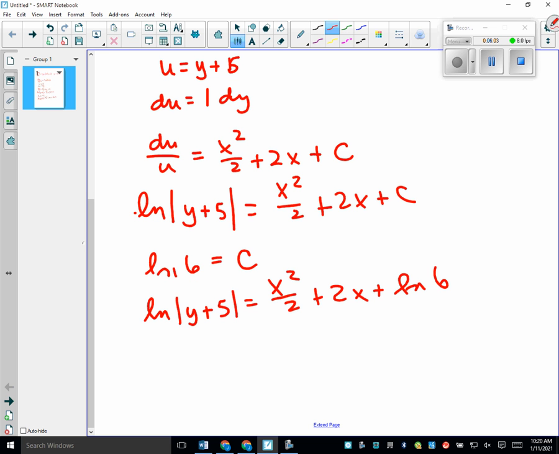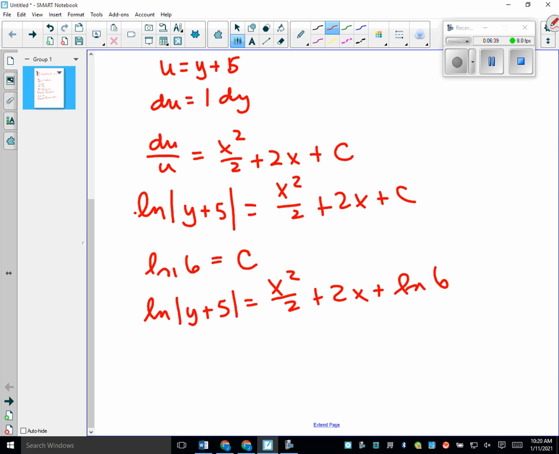Can we cancel the ln's out? No, because the whole thing is not ln. How am I going to solve for y? ln is the opposite of e to the power. So we change ln to log base e, and do it to the other side.